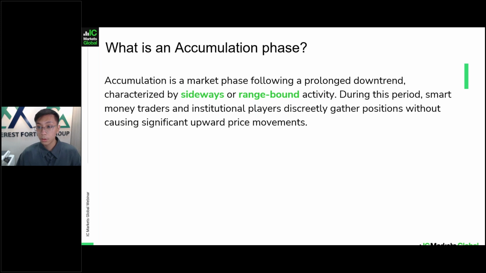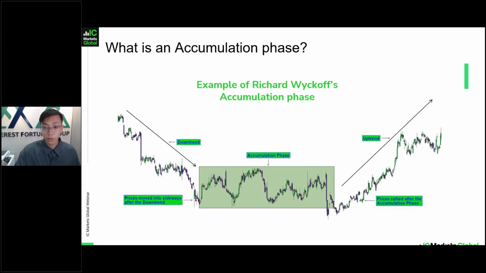Okay, this is an example of your accumulation phase. You can see right here, after a very strong downtrend, we have an accumulation phase. Prices move sideways after the downtrend, also known as consolidation. Once price has this, I believe this is the spring, and then this is the test, price is ready after the accumulation phase.